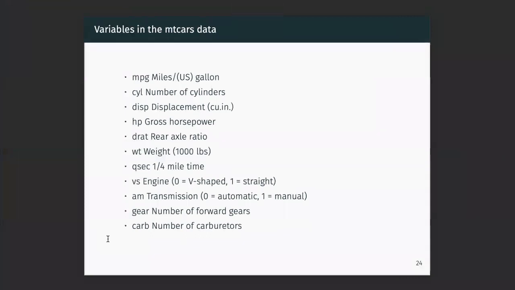Right now, we said that the expected miles per gallon of a car is a function of horsepower, where f of horsepower equals beta 0 plus beta 1 horsepower.